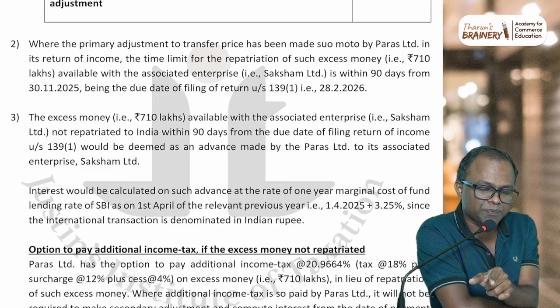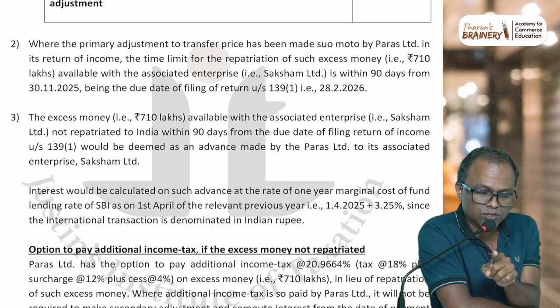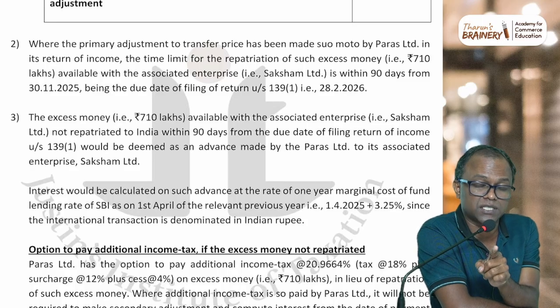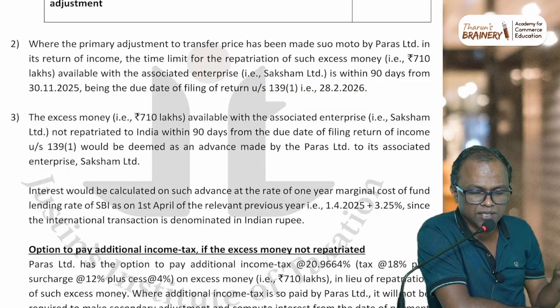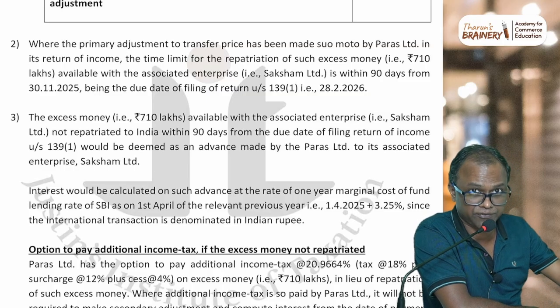So the 90 days period expired on 28th February 2026. So the financial year for which we are calculating interest is 25-26. Interest should be calculated from 1st December onwards, not from 29th February or 1st March. Interest should be calculated from the due date for filing ITR.